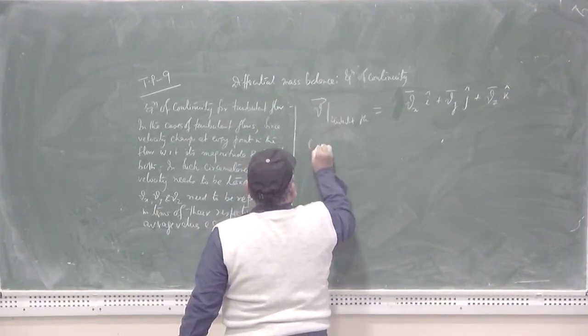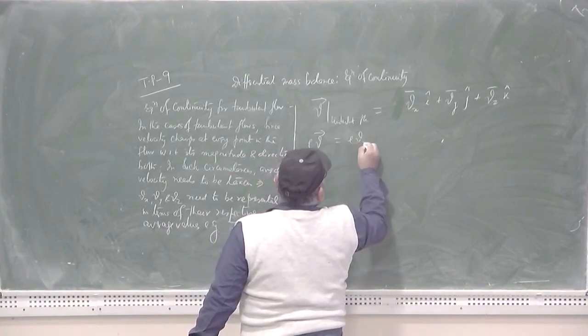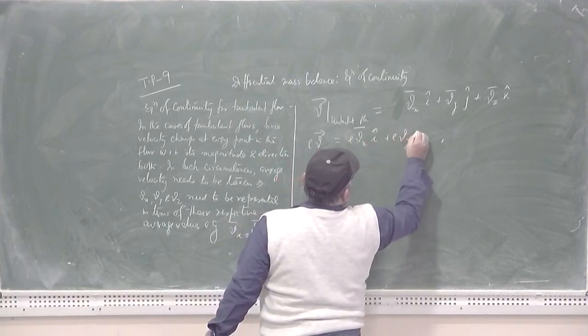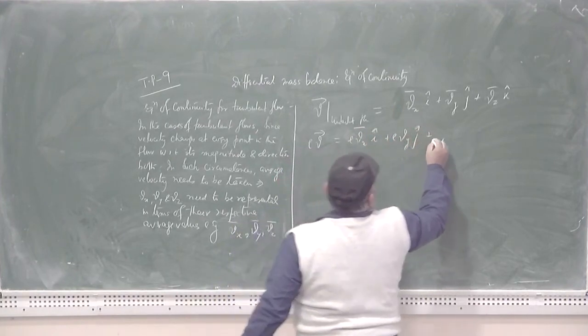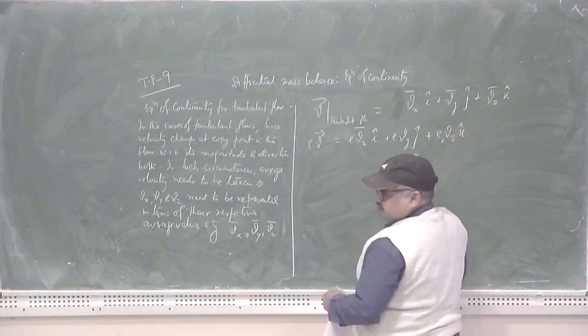So, rho V vector for the turbulent flow will be equal to rho Vx i plus rho Vy j plus rho Vz k.